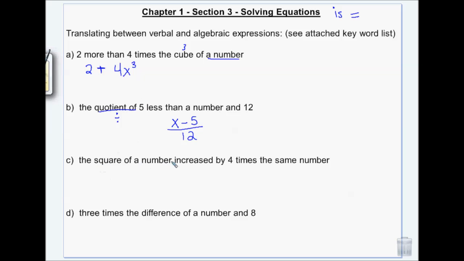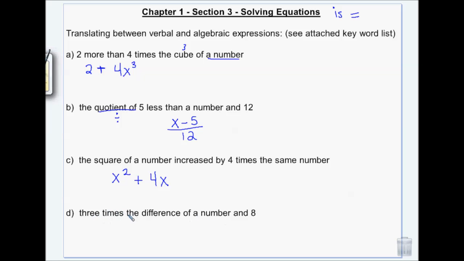Okay. The square of a number increased by 4 times the same number. So increased by is addition, 4 times the same number. 3 times the difference of a number and 8, okay?